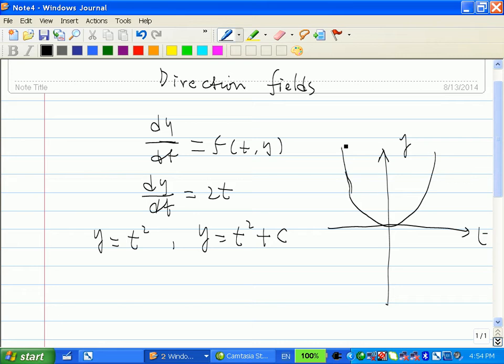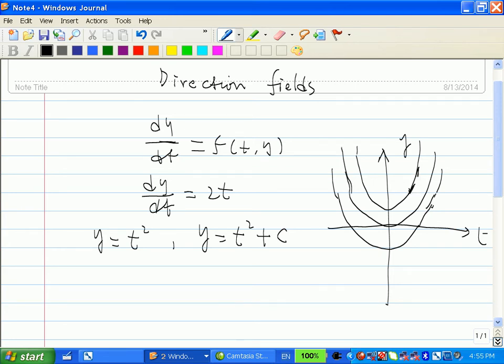So the first one, y = t squared. And for example, if C is 1, then you get another parabola, and then you get one for C equal to a negative number. You get infinitely many parabolas. For each parabola, at every point you have a tangent.